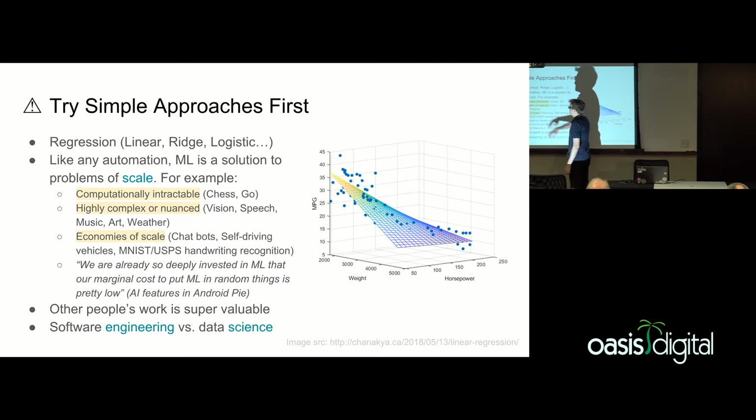Another example where machine learning was used because the problem was so highly complex or nuanced is vision. The amount of data in an image is very, very high. And if you have a whole corpus of images and you need to train on that, the data sets are just huge. So machine learning was used in that sense.